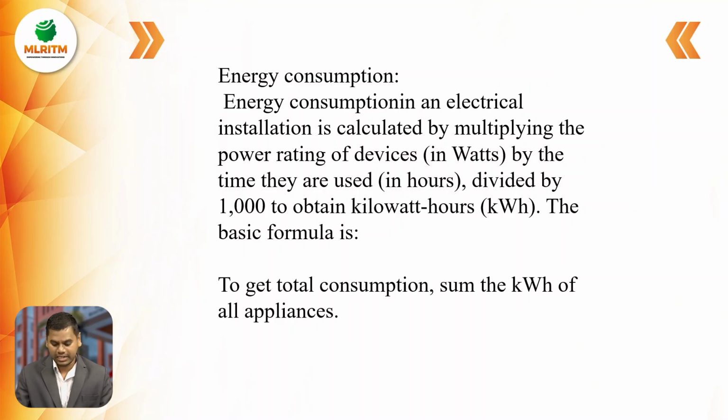Energy consumption in an electrical installation is calculated by multiplying the power rating of devices, which is in watts, by the time they are used in hours. It is divided by 1000 to obtain kilowatt hours. To get the total consumption, sum the kWh of all appliances. These are the energy consumption calculations in battery systems.